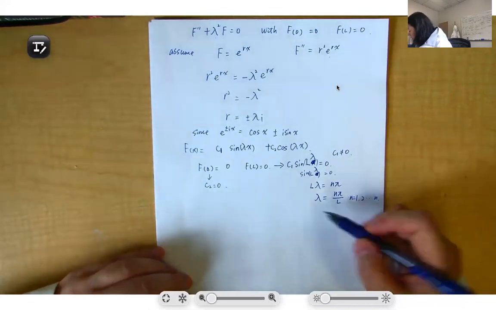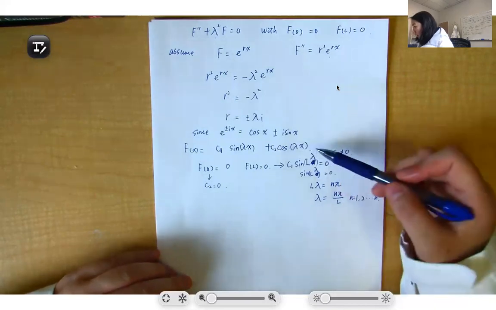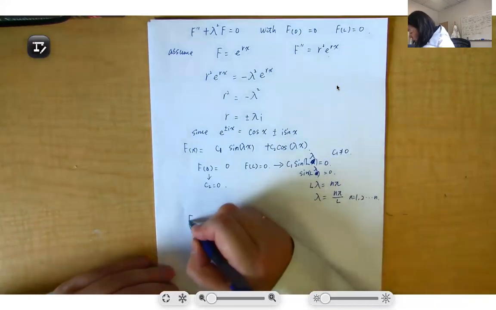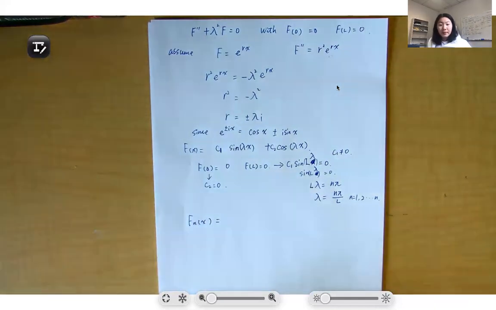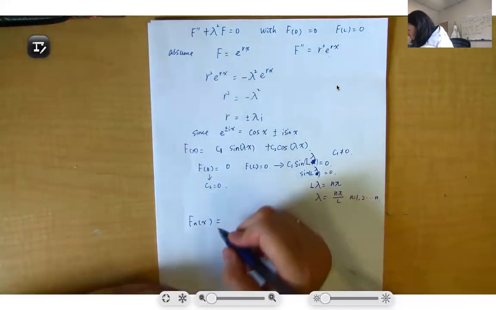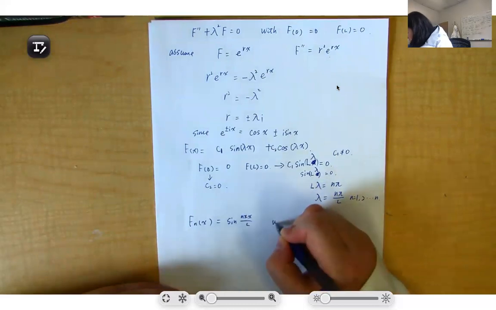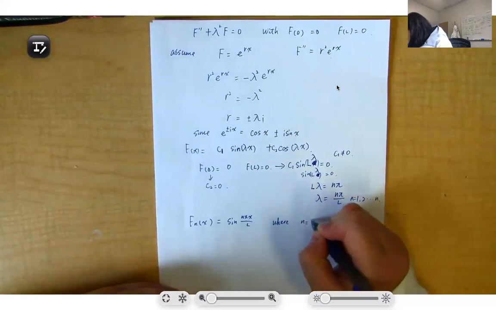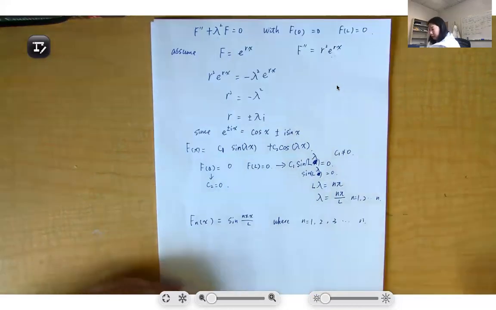Then you have this final solution. The final solution F_n(x) will be equal to some basis set. This is all the sine basis set, equal to sin(nπx/L), where n starts with 1, 2, 3 until infinity, all the integers.